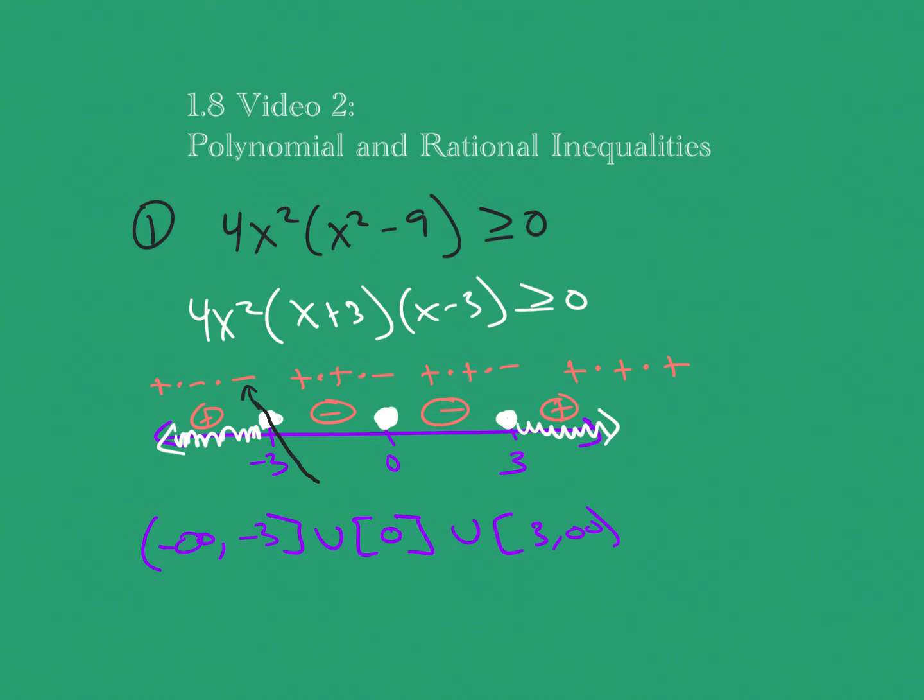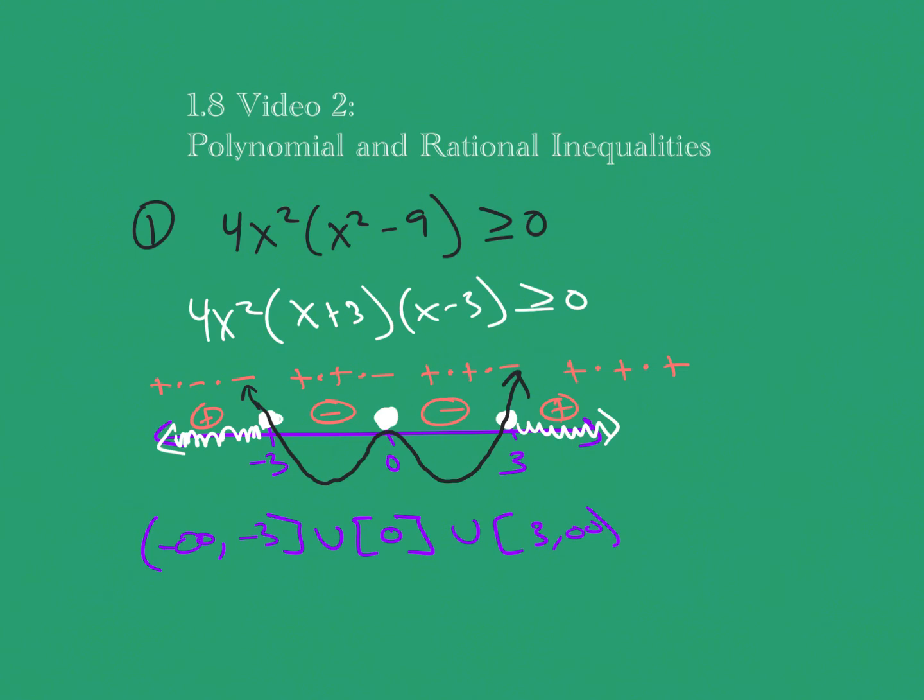Then at 0, the multiplicity is even. X squared is even, so it's going to bounce and stay negative. And then at 3, multiplicity is back to odd, so it's going to cross again and end up positive. The values match: positive there, crosses to go negative, bounces to stay negative, and then crosses to go positive. That's usually a little bit faster than having to test each section.